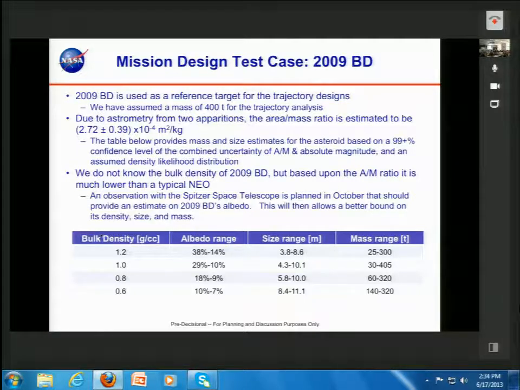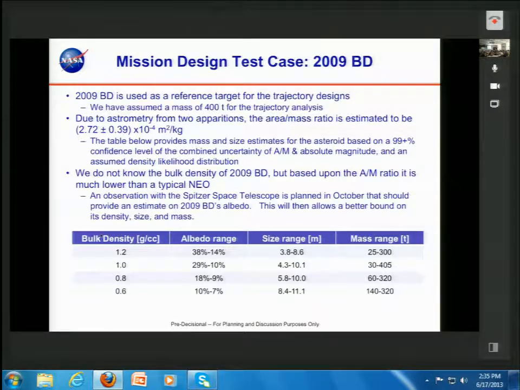And so depending upon those albedo ranges, you get a size range of the asteroid. And you can also assume a bulk density, and combined with the area to mass, that gives you a mass. The allowable bulk densities are constrained by the area to mass; what we know is 2009 BD is a very light object. A bulk density of 1 gram per cc is water, and most asteroids are, I think, about twice this density.